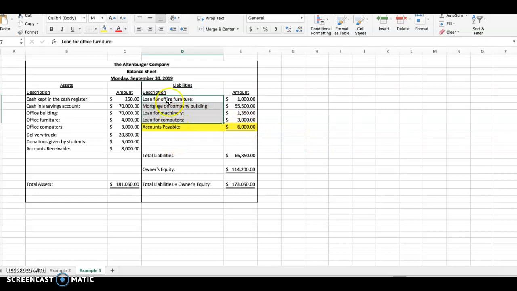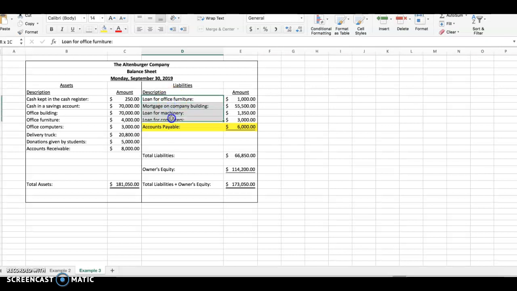Now, we also owe for all of this stuff, all these loans and the mortgage. The difference between these kinds of things and accounts payable usually is that accounts payable are short-term debts. Typically, we buy supplies or merchandise or pencils or paper or something on a short-term basis and we charge it. Typically, an accounts payable is something that we owe that needs to be paid within 30 days. That's usually the difference.